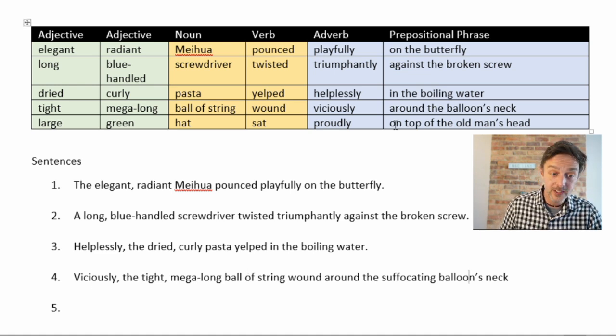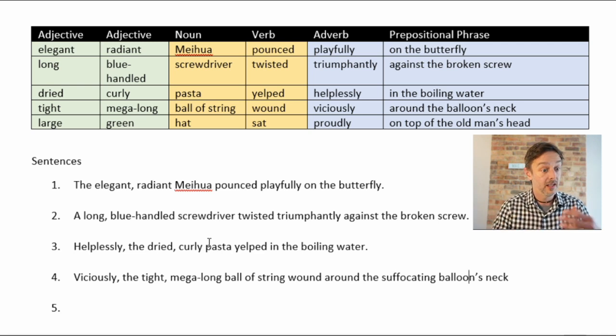We could take this prepositional phrase and put it at the start of a sentence. On top of the old man's head, comma, a large green hat sat proudly. Or we could take the adverb at the start and the prepositional phrase at the start as well and move both of them to the start. Proudly, comma, on top of the man's head, comma, a large green hat sat.